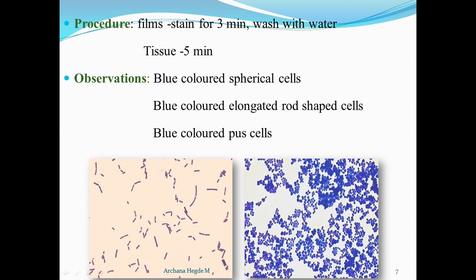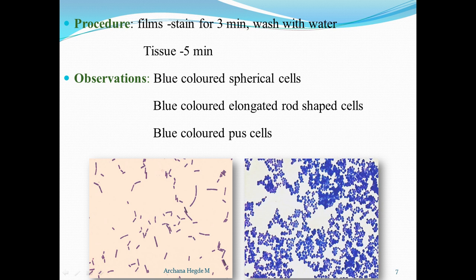Coming to this image, the left side image shows elongated rod shaped cells which are bacilli, which can be in pairs, chains or singles. Coming to the right side image, these are round or spherical shaped cells, which are also called cocci.